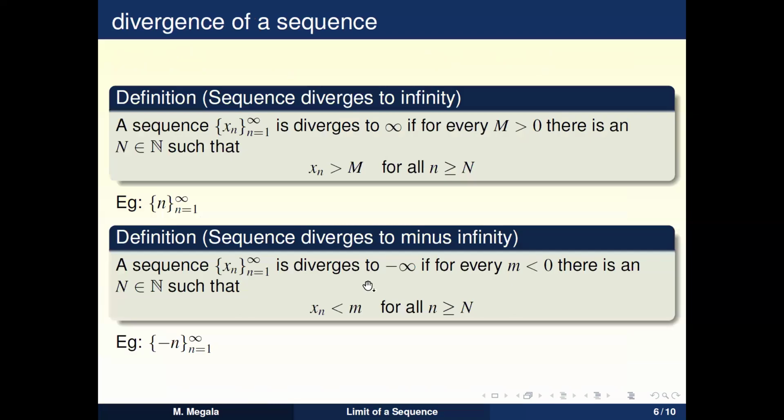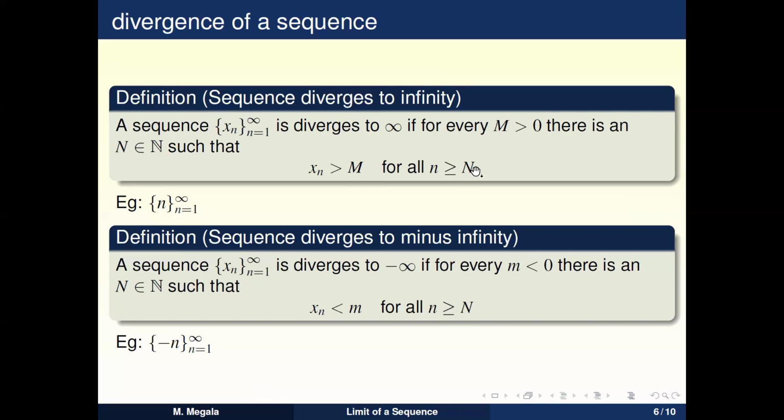Now we'll see a sequence that diverges to infinity, or some will say it converges to infinity, depending on the people. A sequence x_n diverges to infinity if for every positive m there is an n such that x_n is bigger than m for all n greater than or equal to that n.